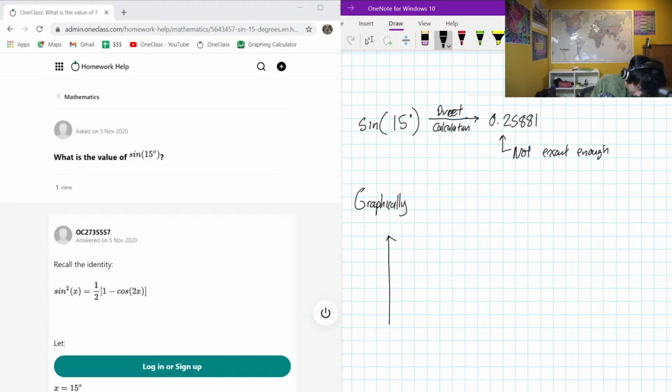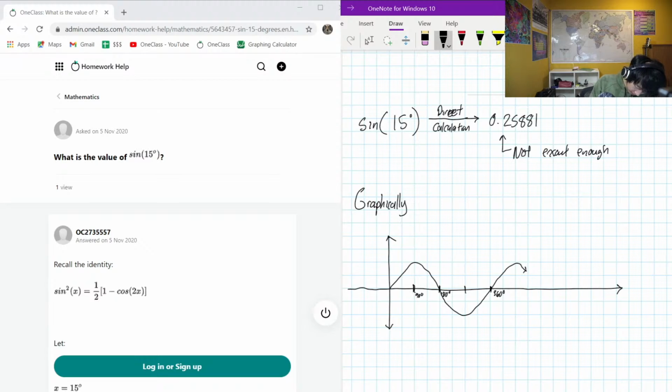Okay, another way that we can address this is graphically. So if we were to draw a sine function like this, where we have 180 degrees, 360 degrees, this would be 90 degrees, and suppose that our sine curve looks a little something like that.